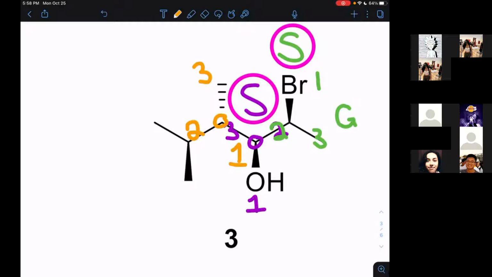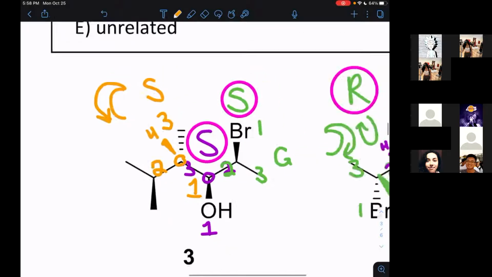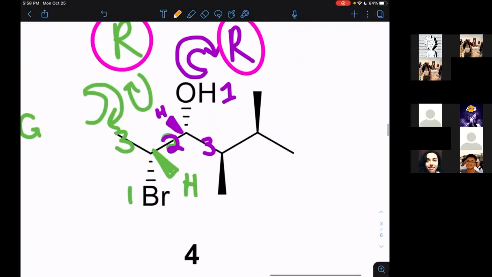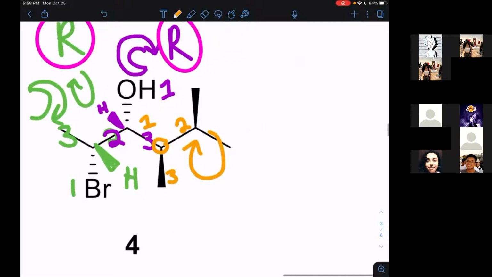Okay, so that's that one. But then we have hydrogen. So this way, except not this way, it's that way, which is counterclockwise. So also S. And then this other one, we'll do 1, 2, 3, and the 4 does not matter right now. This one is clockwise, so it is R.